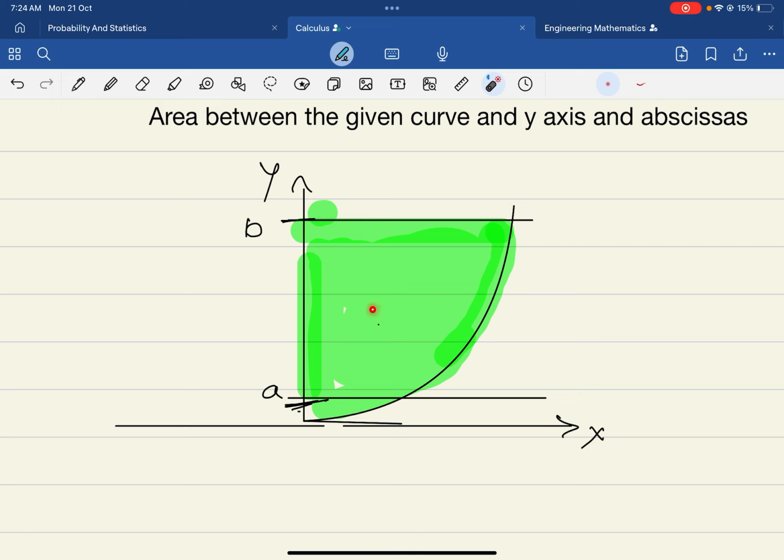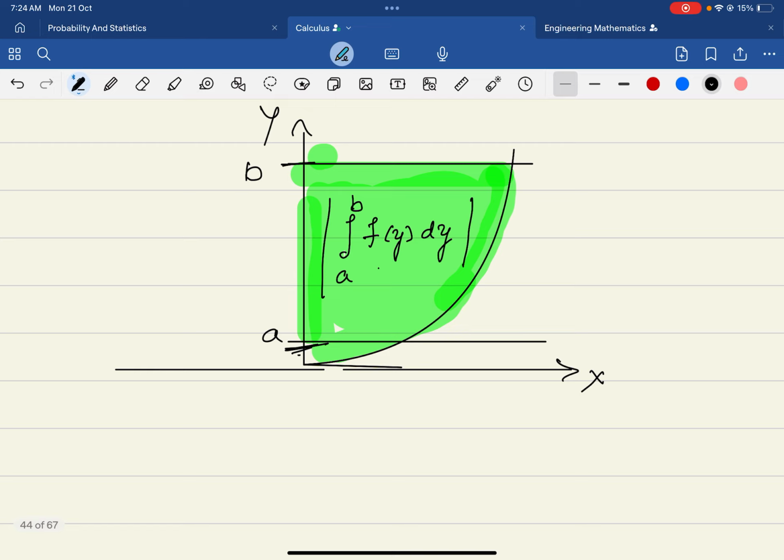So to find the area of this region, the formula is the integral from a to b, where the function is defined in terms of y, f of y dy, modulus. So this is the area of the region bounded between the y-axis and the curve.